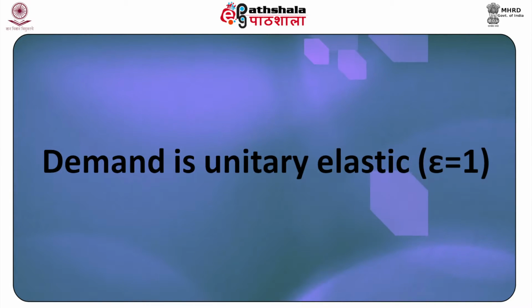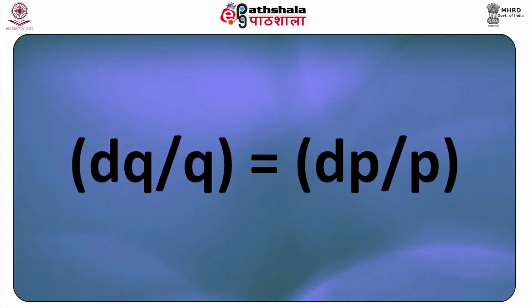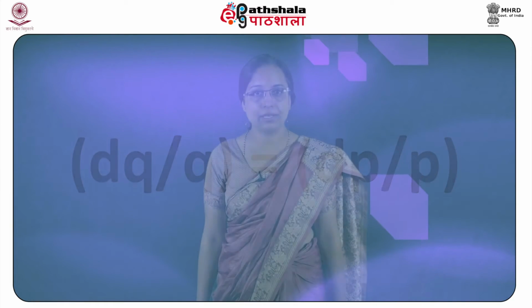If a producer increases the price of his product, this would reduce quantity sold, and either of the following cases will be observed depending on the demand elasticity for the product. Case 1, when the demand is unitary elastic. Recall from our discussion above, in this case dq by q is equal to dp by p.